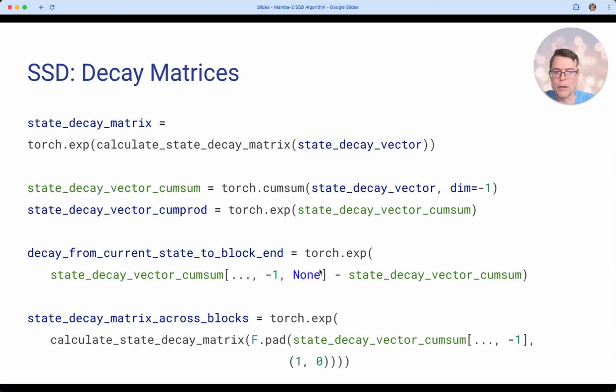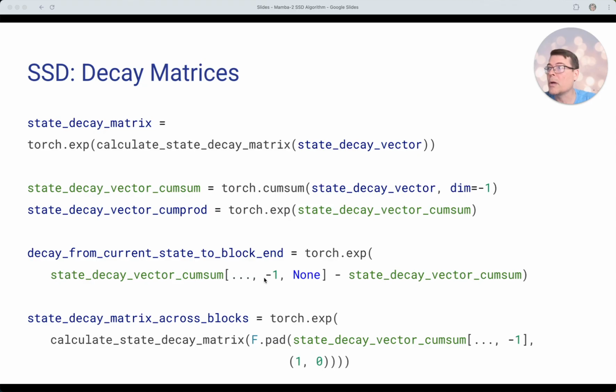And then here we're doing a similar thing as in the seg sum algorithm, where we are subtracting off cumulative sum bits.